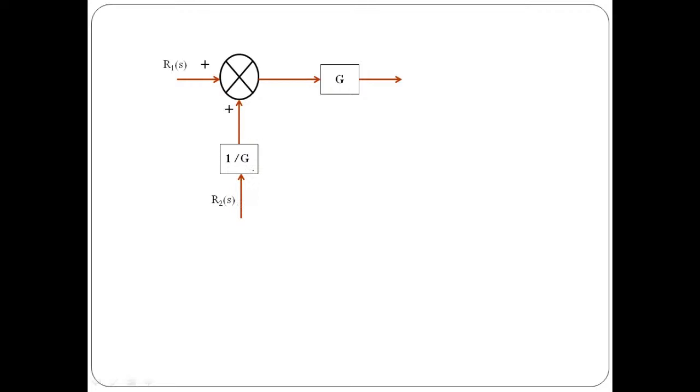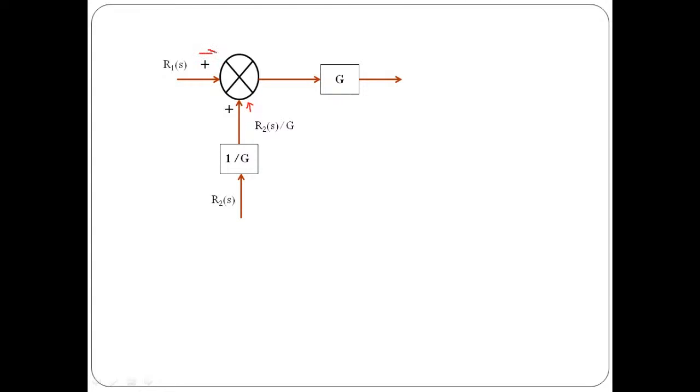Now suppose we place a block of gain exactly equal to the inverse of this block gain, to which we have shifted a summing point before a block, and we try to calculate the output in this case. The output of this block is going to be R2 of S by G, because with respect to this block, input is R2, gain is 1 by G, so output is input times gain, that is R2 of S by G. Now this will be one signal.